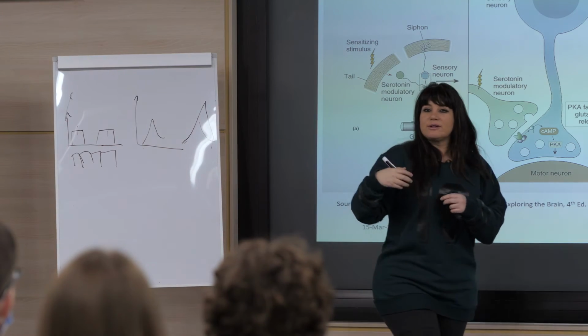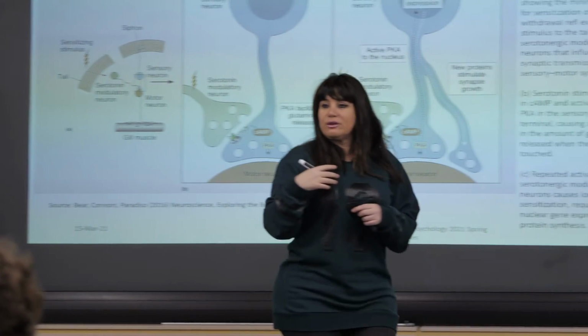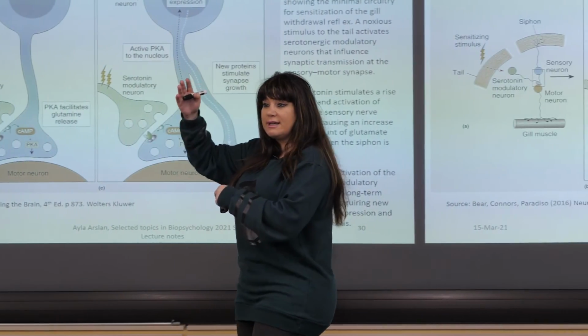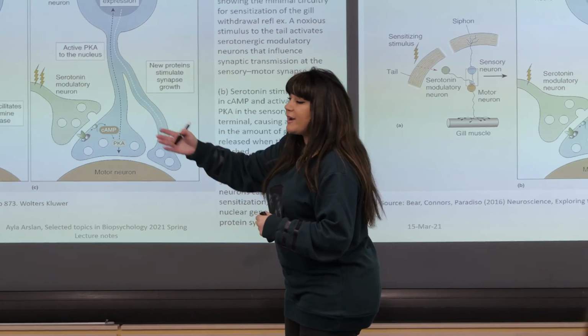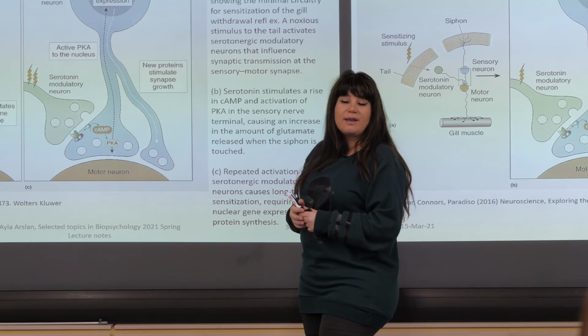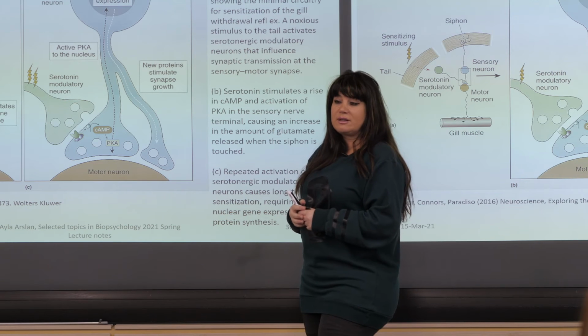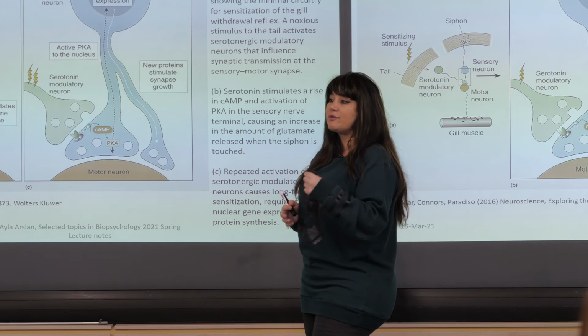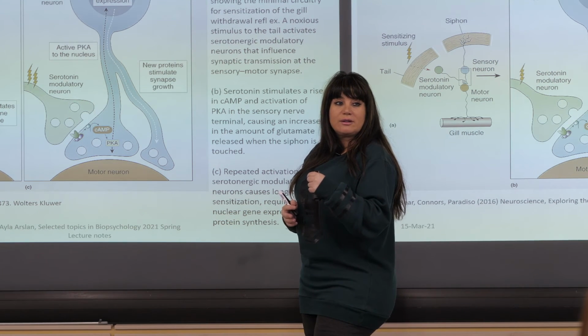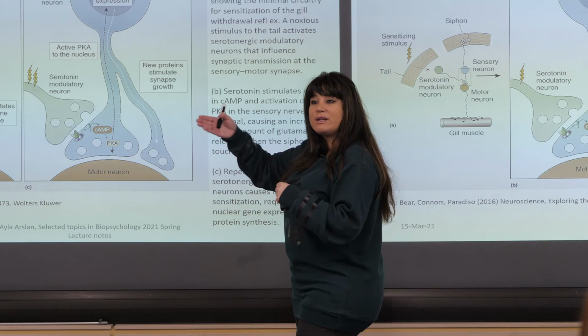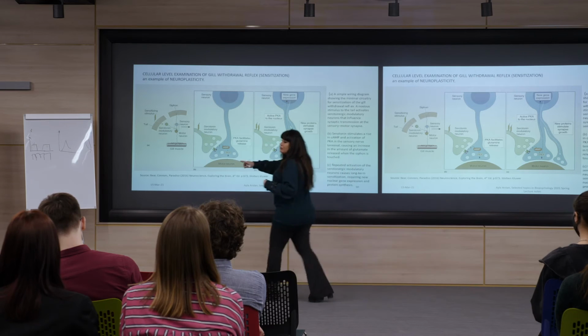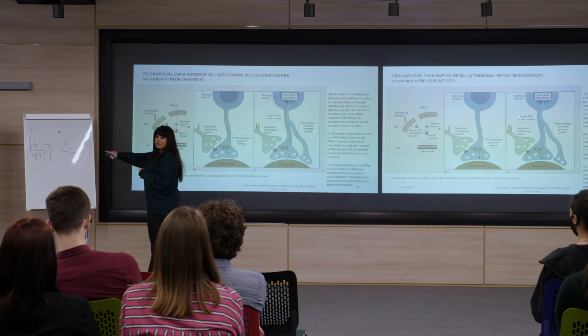So the current recorded in the second electrode is increasing as a result of the high frequency stimulation. High frequency stimulation of the first neuron will cause an increase in the response of the second neuron.